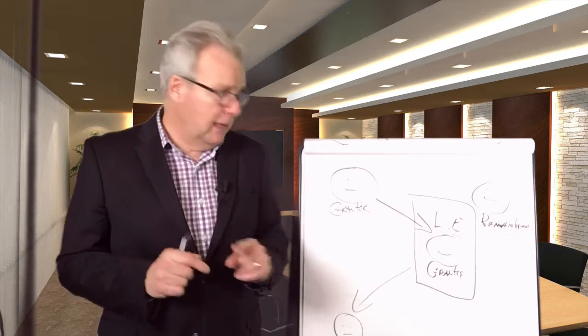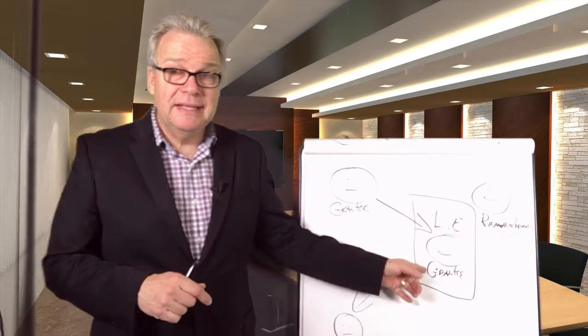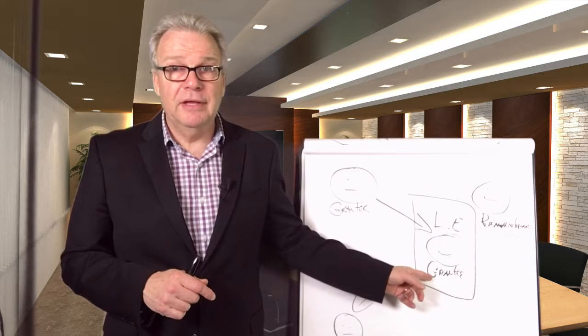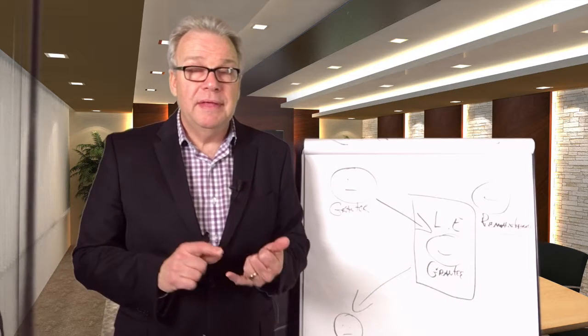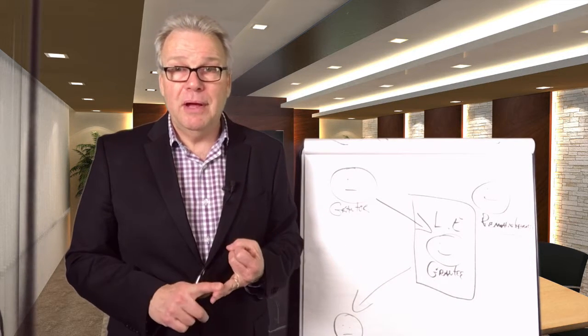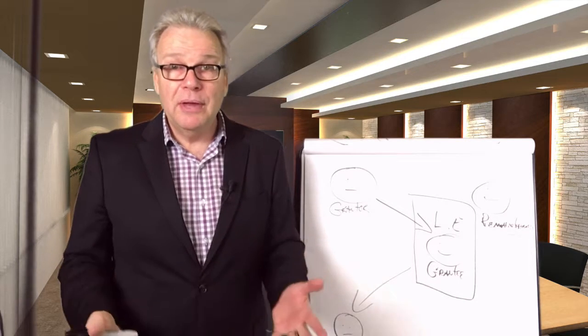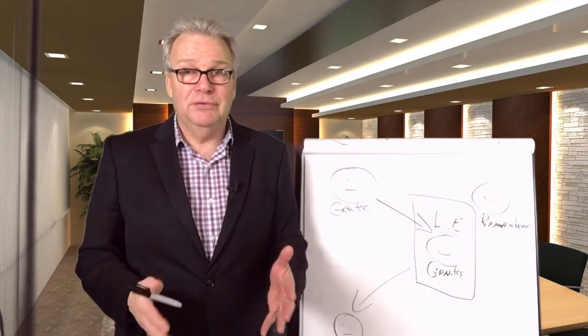Now keep in mind that the grantee, the owner of the life estate, the life tenant, can sell the property, give the property away, take a loan out on it, and do all kinds of things with the property.